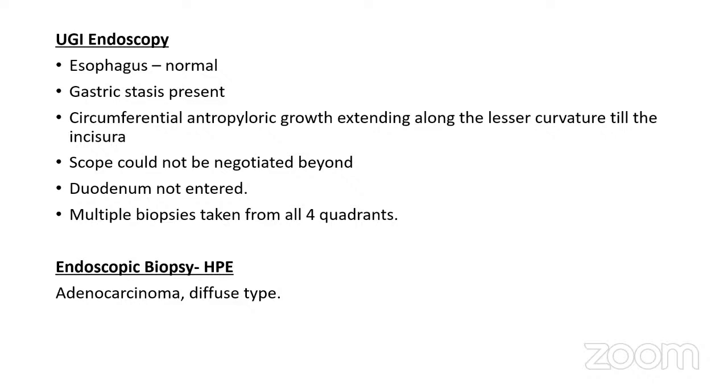What is the difference in the acid secretion between a benign etiology and malignancy? In benign etiology, acid secretion is maintained, ma'am, in the rest of the stomach. But in malignant etiology, it can infiltrate the mucosal cells and cause decreased acid secretion, associated with achlorhydria or hypochlorhydria. Yes, ma'am.